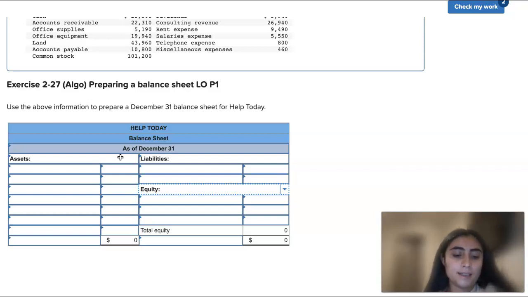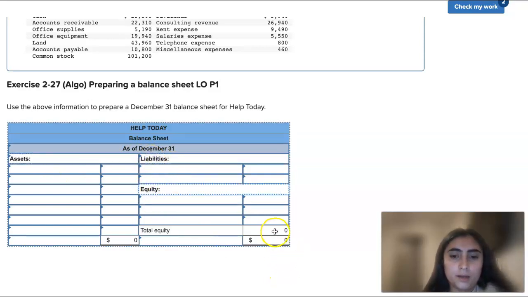So assets equals liabilities plus equity. I was wrong about liabilities minus equity. The equation is assets equals liabilities plus equity.